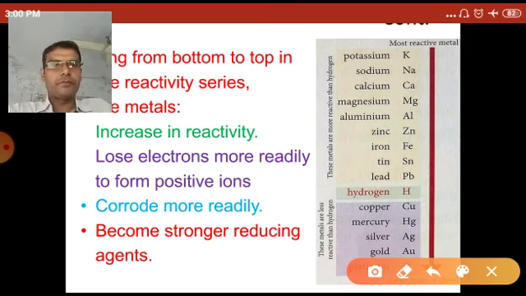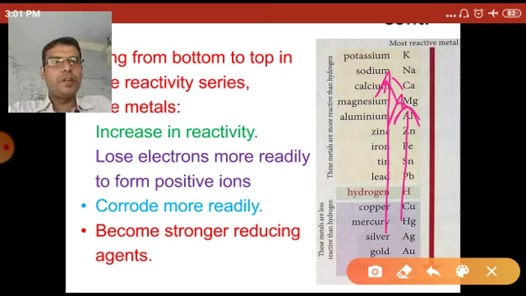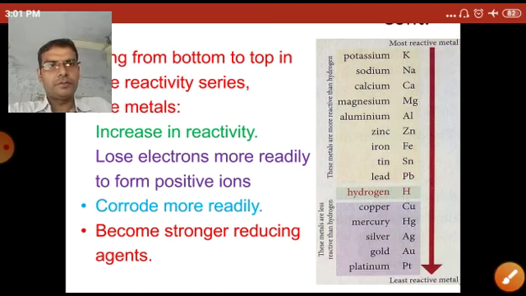In this series, when we move from bottom to top, the tendency to lose electrons increases. So the reducing properties of the element also increase. That means potassium is a stronger reducing agent than sodium, calcium, magnesium and the other ones.